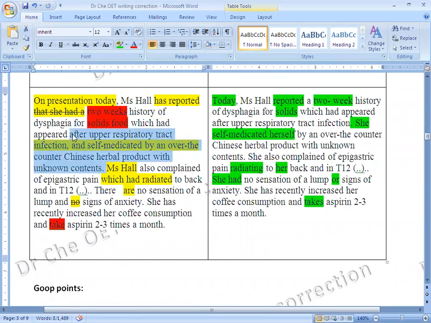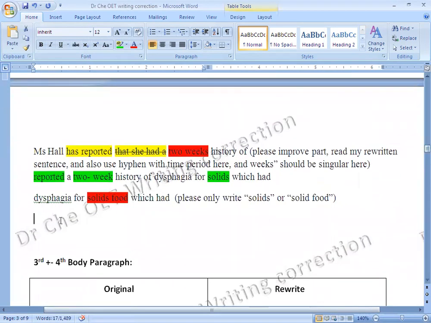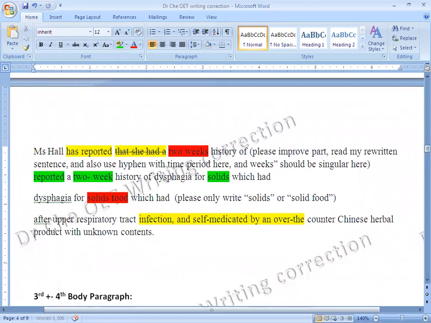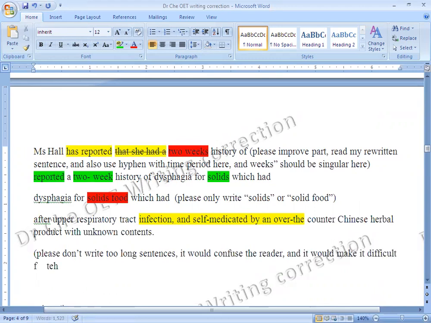No. Okay, what we should say here to the students: please don't write too long sentences. It would confuse the reader, and it would make it difficult for the reader to understand.